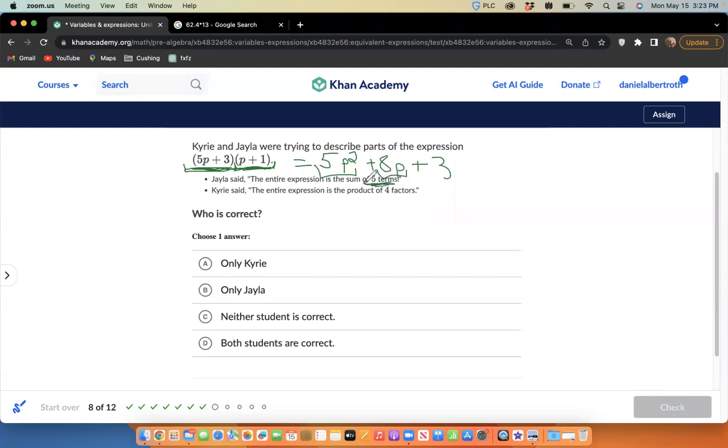5 terms being summed? There are not 5 terms being summed. There's a term here, another term here. This is the sum of 2 terms. This is also the sum of 2 terms. And the 4 factors, that would be something like 5x, y, z. This is 4 factors all being multiplied, since factors are things that are being multiplied together.